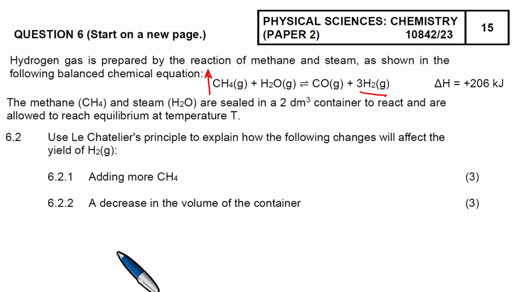Remember, we are mixing CH4 and water in a 2 cubic decimeter container, and you get the products carbon monoxide and hydrogen gas. If you suddenly put in more CH4 gas, what then happens?